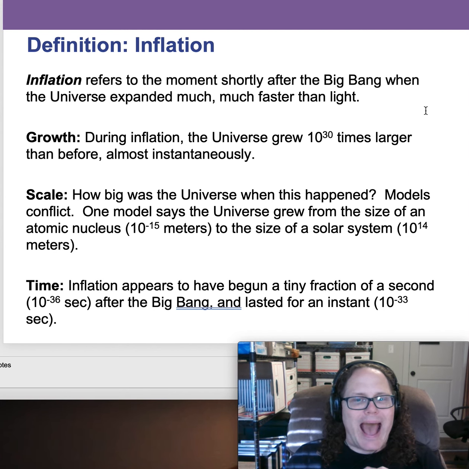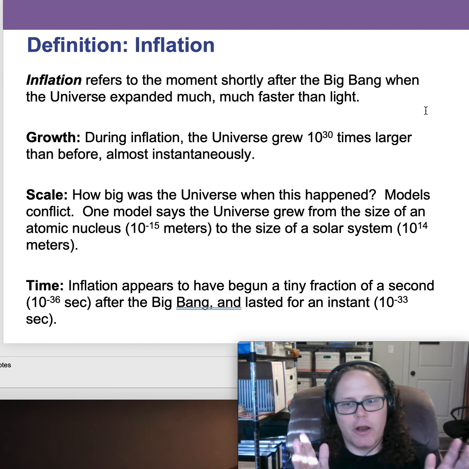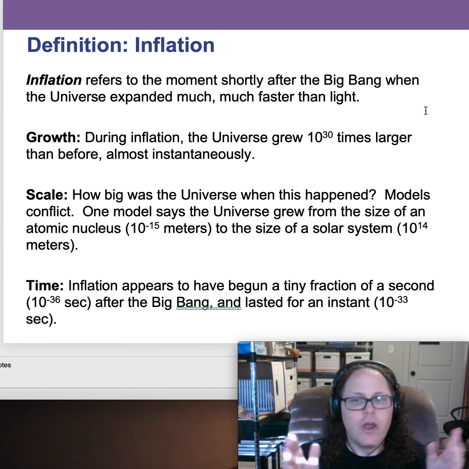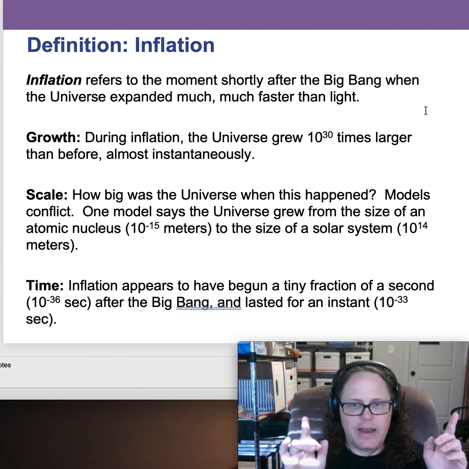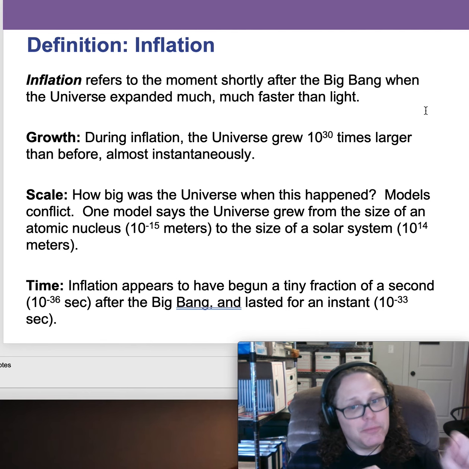Now, how big the universe was when this happened depends on the model. There are computer models which are all consistent with data, yet contradict each other or conflict in answering the question, how big was the universe when this happened? They all say it was very small when it happened.